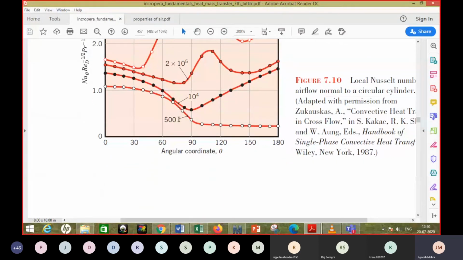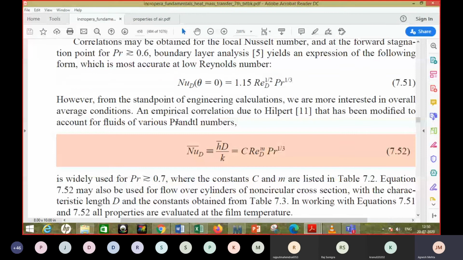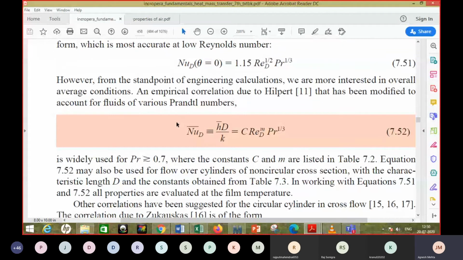Actually, finally, we are not interested in the local values. We are interested in the average value of whether it is CD or Nusselt number or heat transfer coefficient. So these generally again have been found with the help of experiments by different researchers, and they provide some correlation between Nusselt number and other non-dimensional numbers, and those two numbers on which the Nusselt number depends is again Reynolds number and Prandtl number.